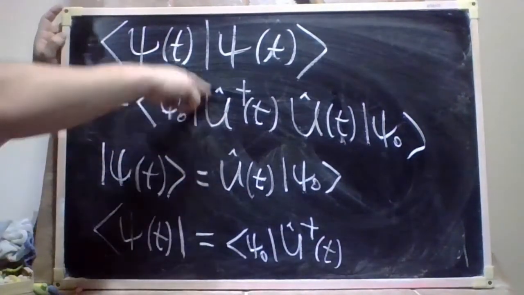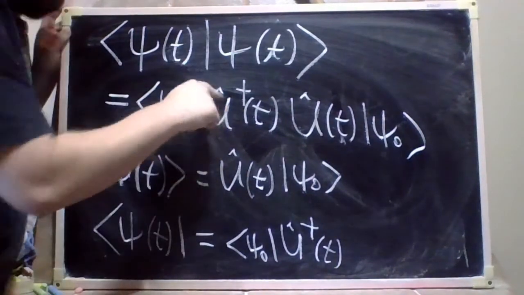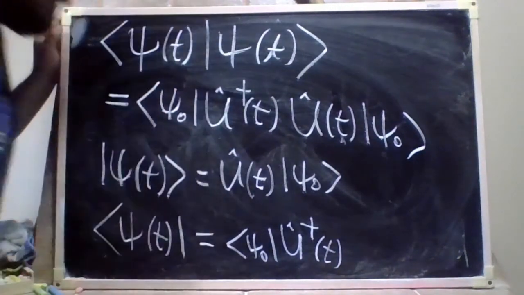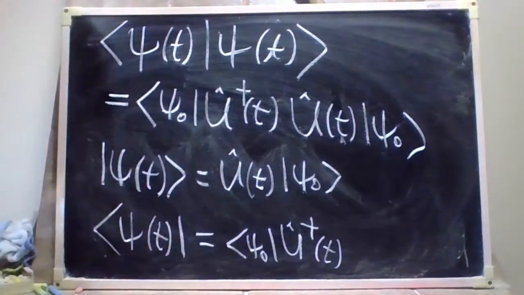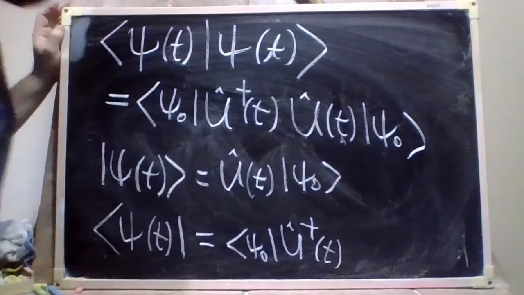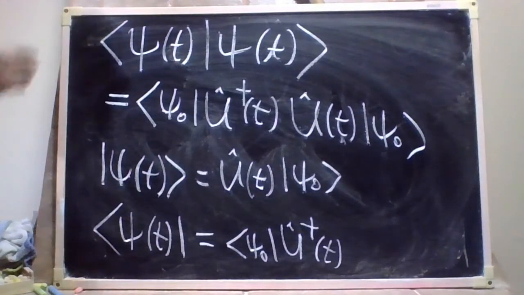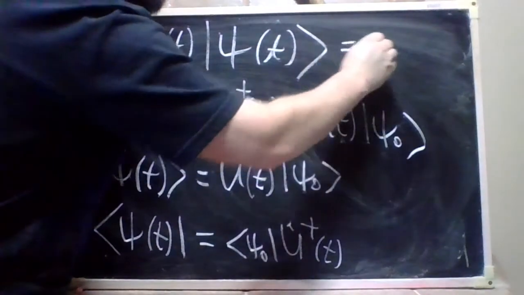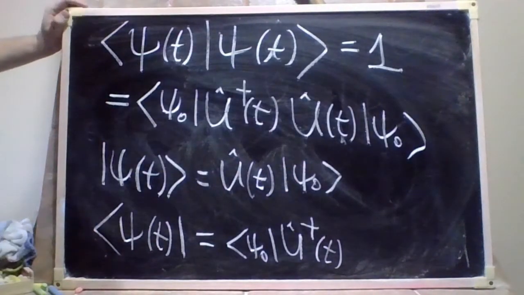These are operators, so I'll put a hat above the letters, just to remind you that they are quantum mechanical operators, all right? And from the probabilistic interpretation, this must be equal to unit, the unity, all right?